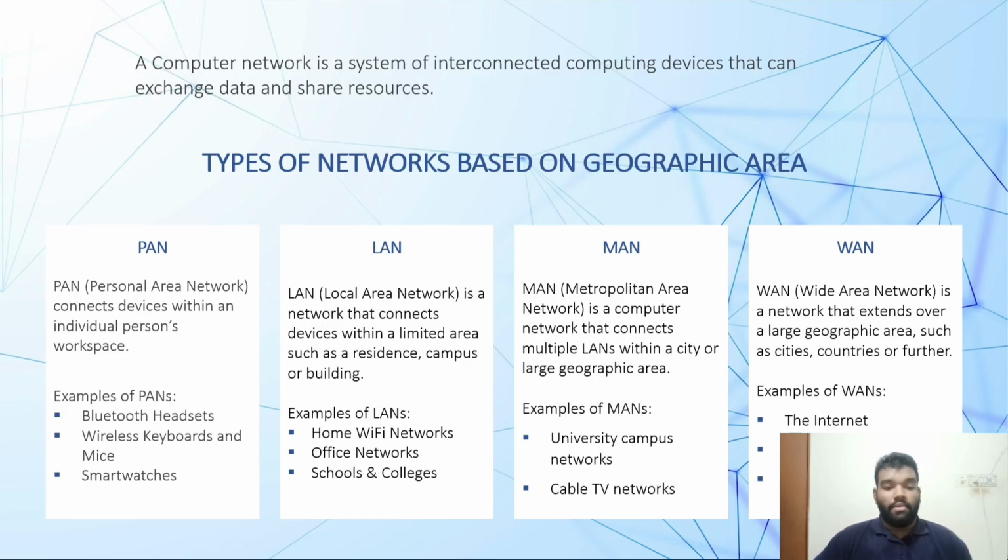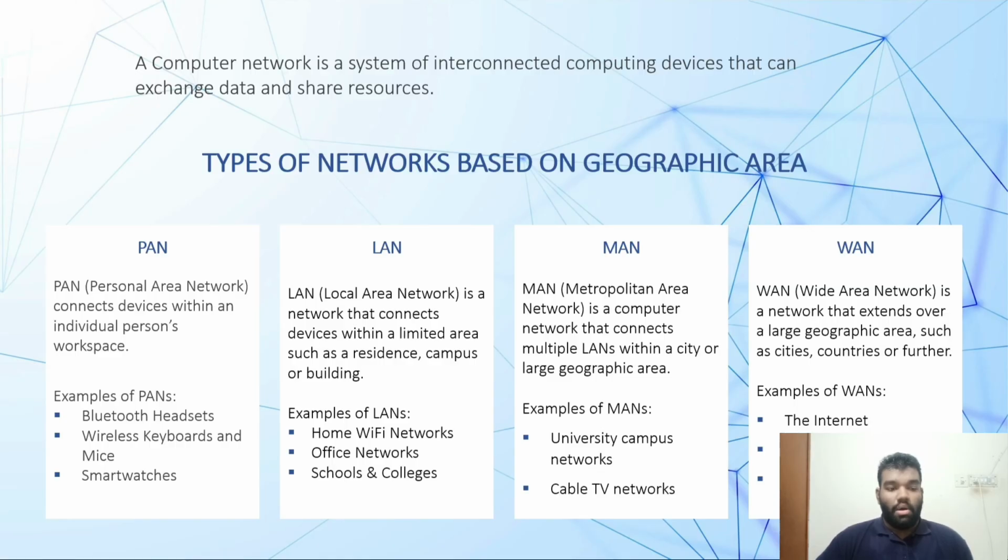Wide area network, WAN, connects networks over a large area such as countries or further. In a wide area network, fiber optic is mainly used to connect multiple local area networks and metropolitan area networks.